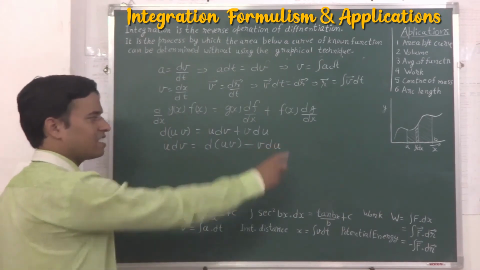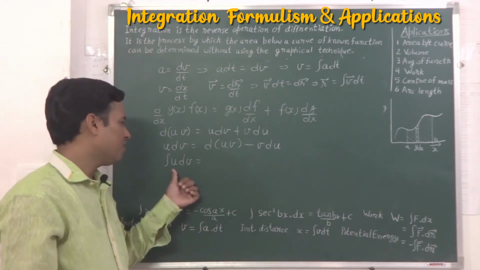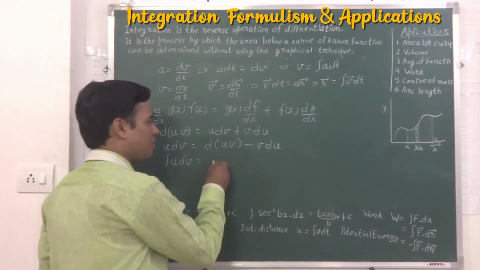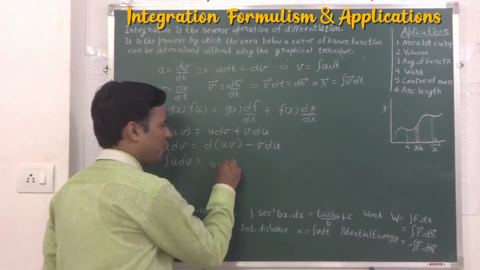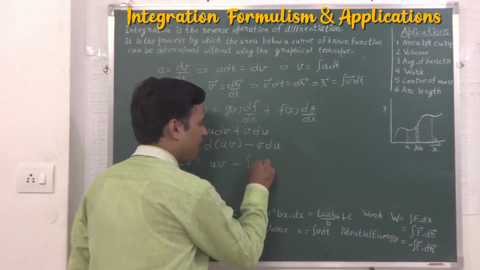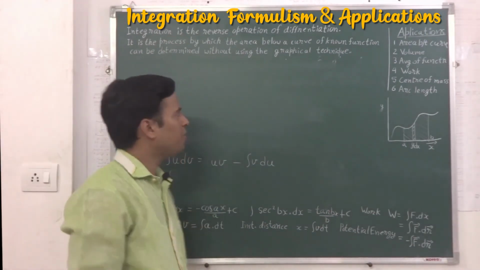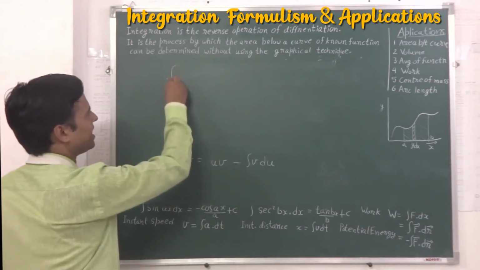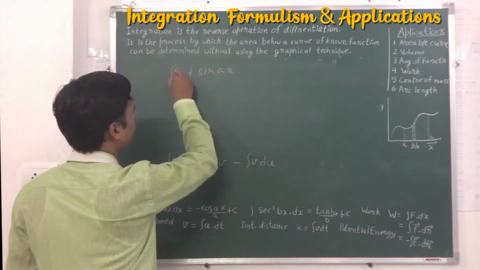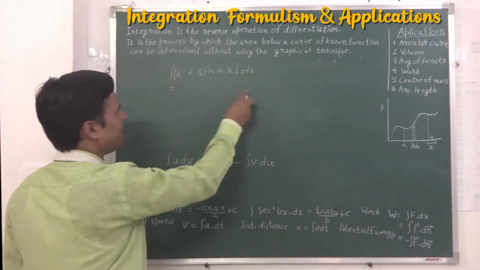Integrate this complete equation and you will get the integral of u dv equal to uv minus the integral of v du. Now dear students, if you want to get the integration of x plus sine of ax with respect to x, then it is very easy.